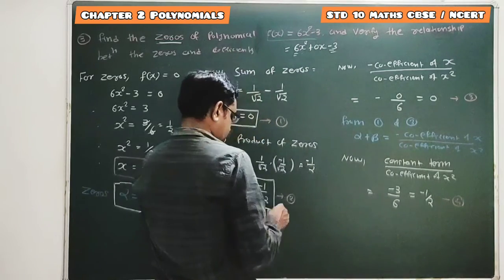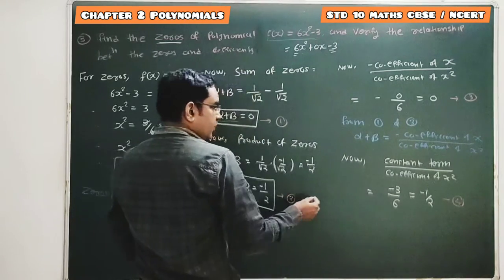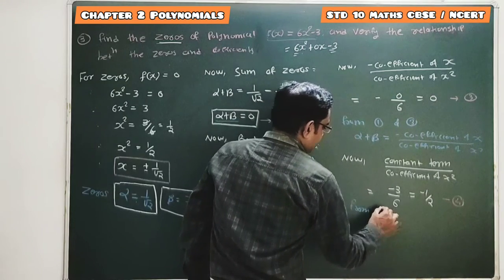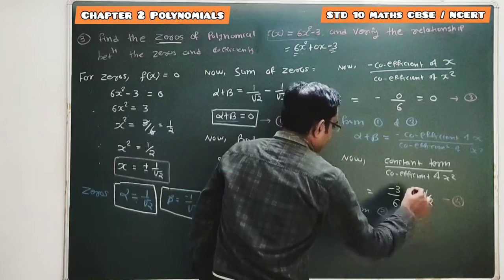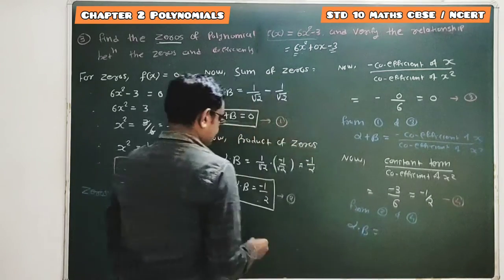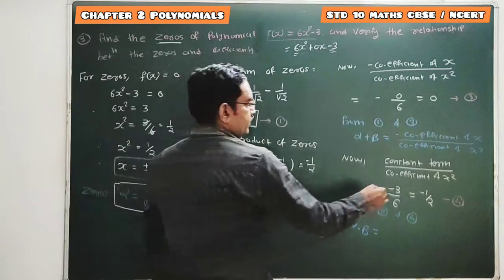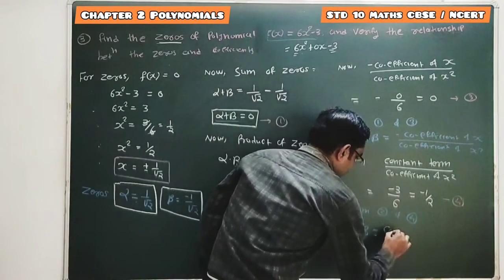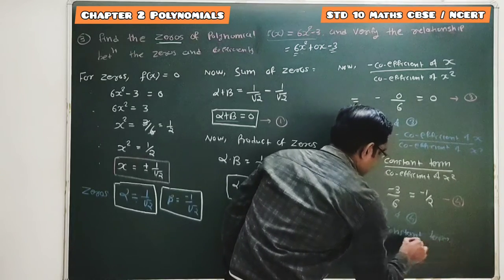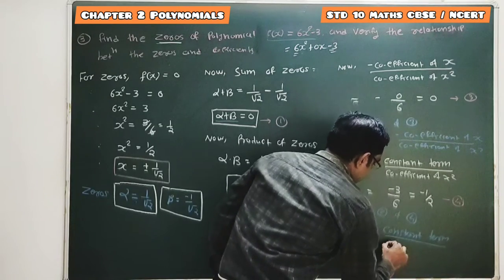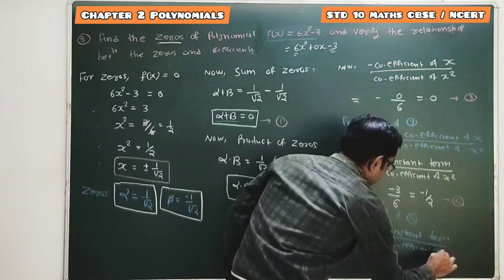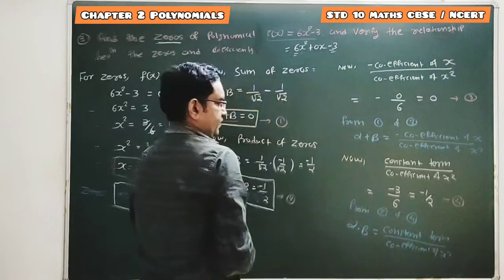So from results 2 and 4, we can say the product of zeros, alpha into beta, is equal to this ratio, which is nothing but the constant term upon the coefficient of x square. Clear, students?